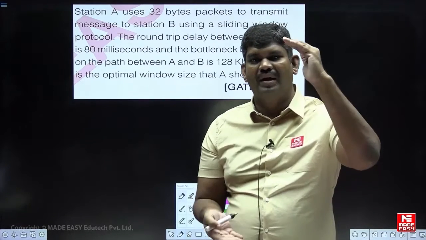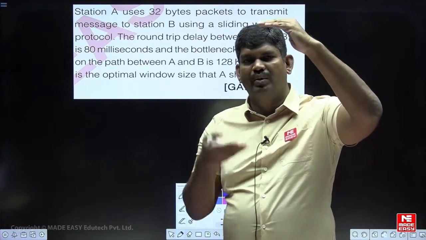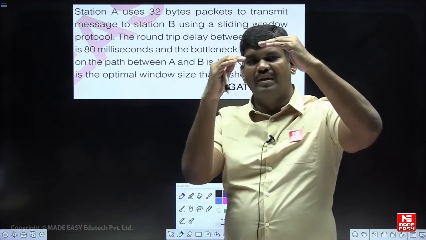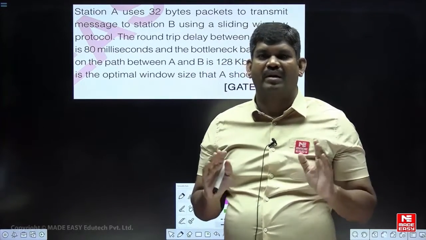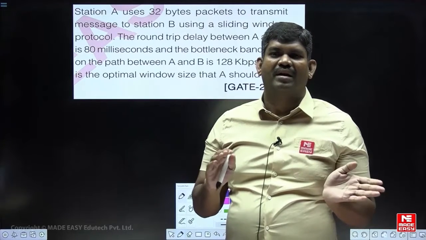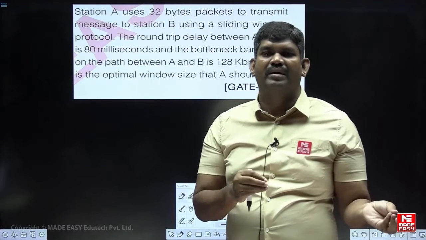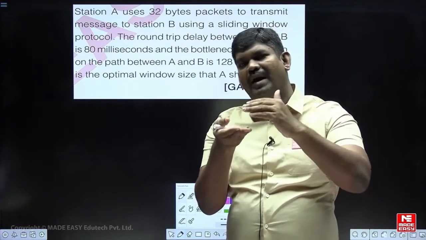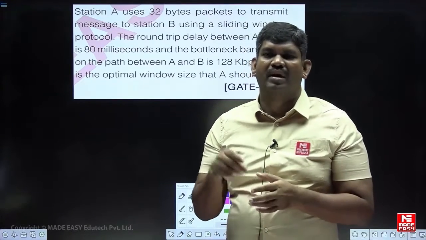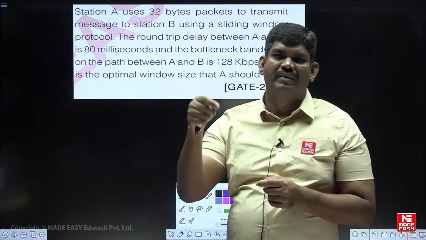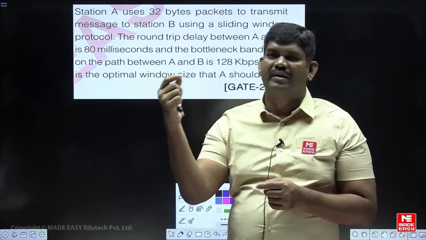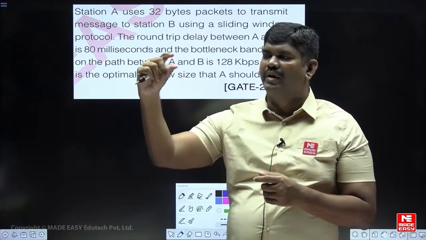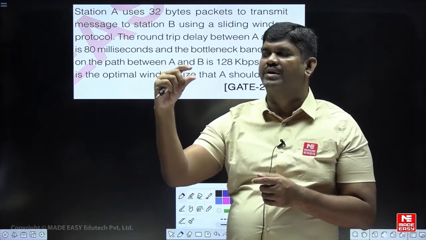The bandwidth is high, or the width is more, so you can divide it into different frequencies and assign one frequency to one channel. That is the only difference. People will think channel utilization and bandwidth utilization are the same if it is not divided. But when the bandwidth is divided into different channels, you can transmit on one channel with one frequency, on another channel with another frequency, and so on. You can also maintain some gap from one frequency to another.